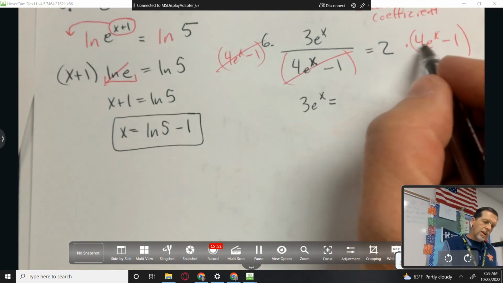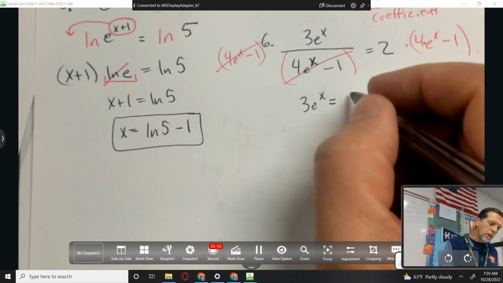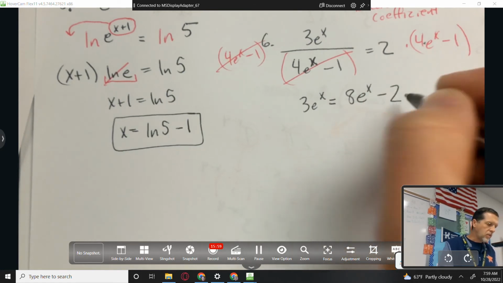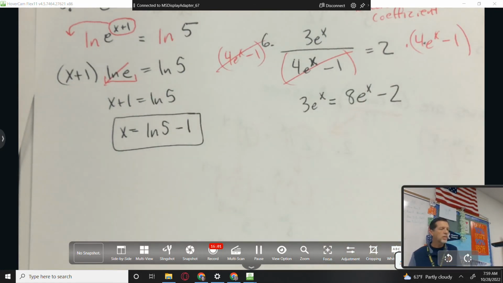Let's see, on the right hand side, the 2 times 4, we can multiply those and get 8e to the x minus 2. Make sure we distribute that 2 there. What do you want to do next? Any thoughts? I don't want to natural log both sides yet. I'd like to simplify as much as I can.